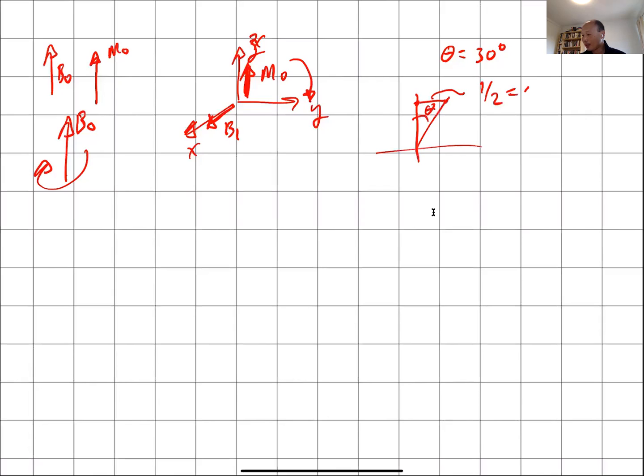So along the z-axis it's cosine of 30, and along the y-axis it is sine of 30, so 1/2. That's an example for that problem. The correct answer would have been My equals 0.5, Mz equals 0.87. About 70% of the people got that.